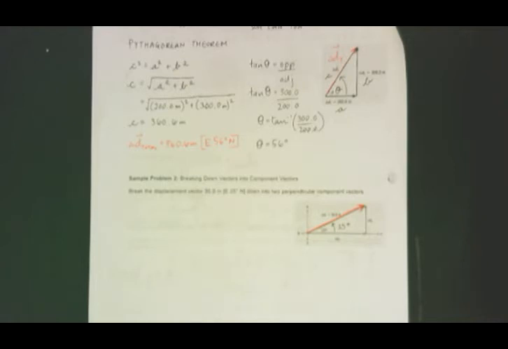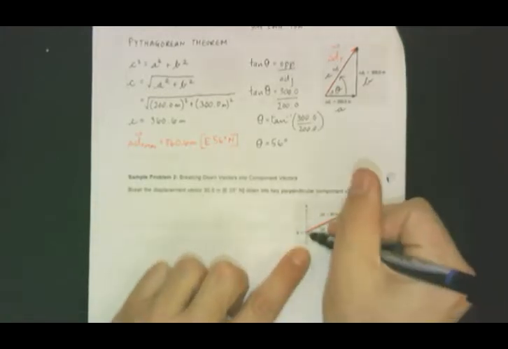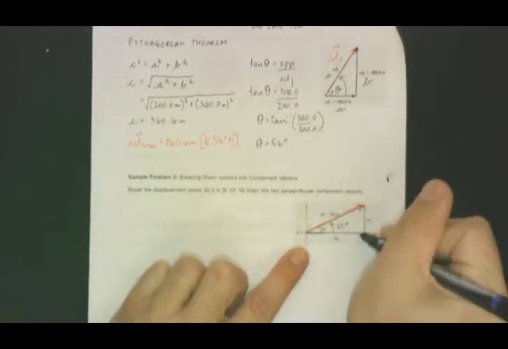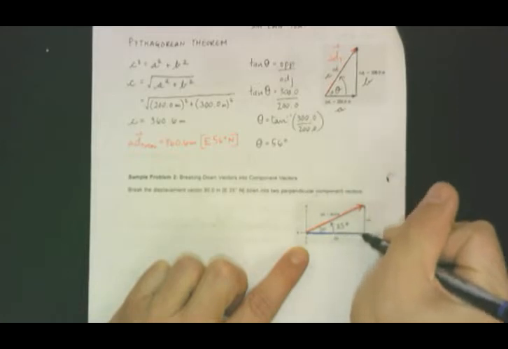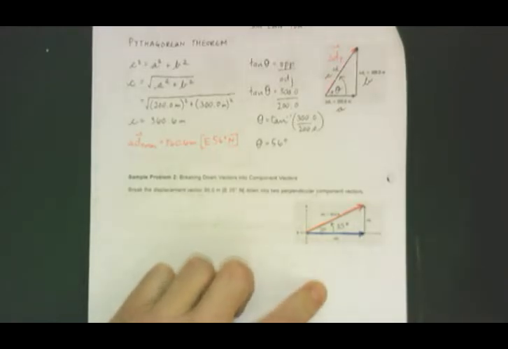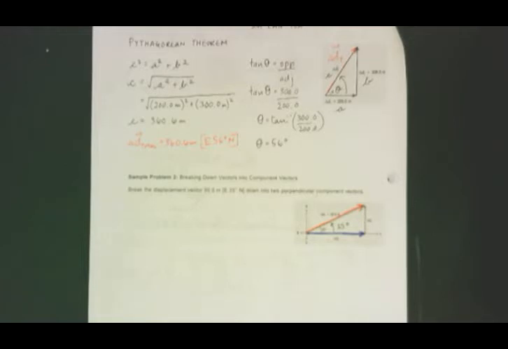So what we're going to learn how to do in this section is how to break up a vector into horizontal and vertical components. If we do that, the horizontal component of this vector would be this segment right here, which I'm tracing in blue. This horizontal component we're going to call the x component.